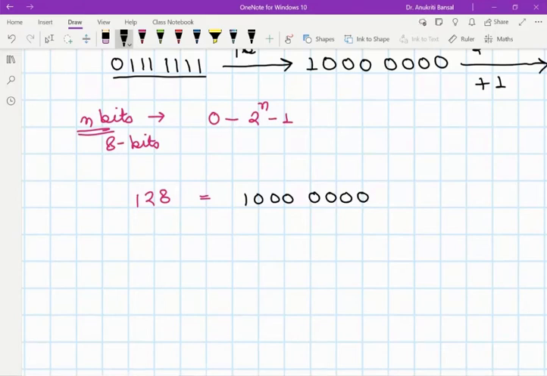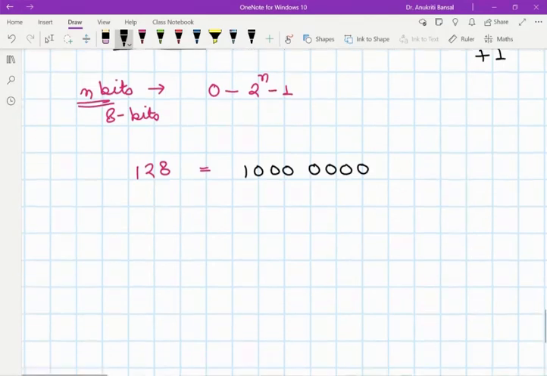Is it correct? No. Is it wrong? Yes, it's 127. सात रहेंगे. 7 ही आएंगे. सही है.